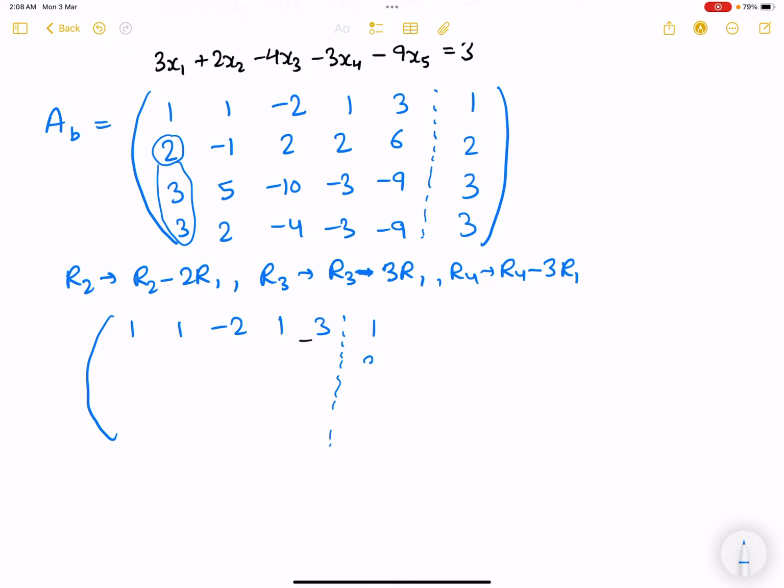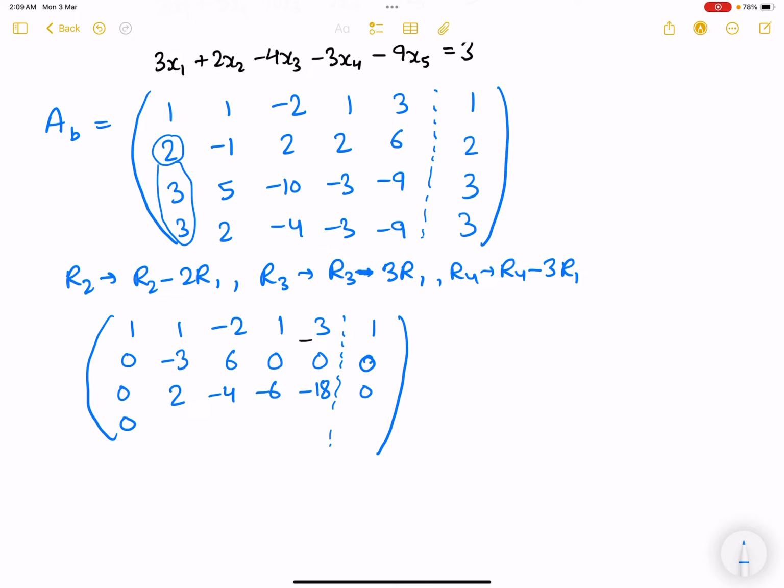1. Okay, this would become 0, minus 1, minus 2, this is minus 3, 2 plus 4, this would become 6, 2 minus 2, 0, 6 minus 3, 0. This is also 0. Now 3 minus 3, 5 minus 3, 2, minus 10 plus 6, minus 4, minus 3, minus 3, minus 6, minus 9, minus 3, minus 18, 3 times minus 3, this would be 0.